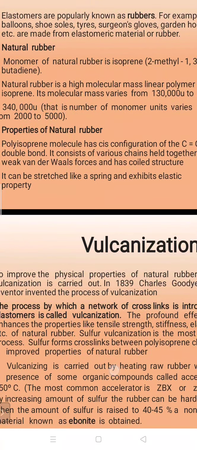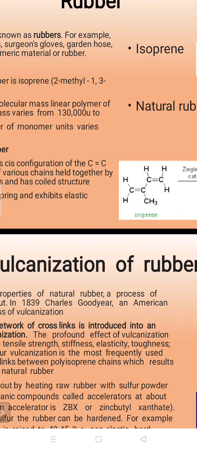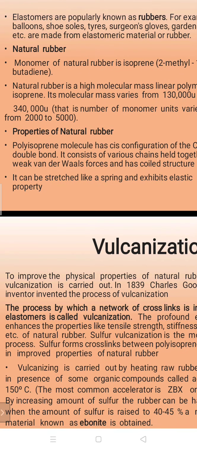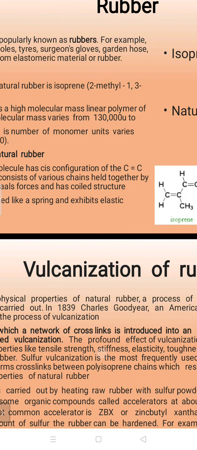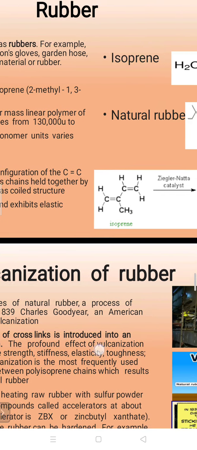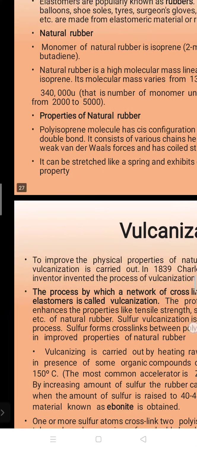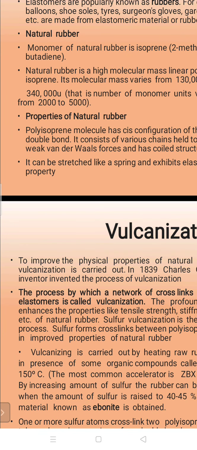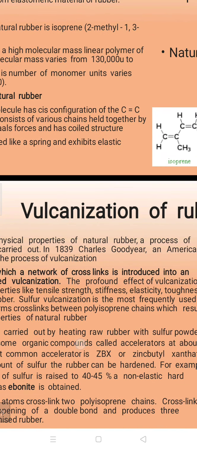Vulcanization improves the physical properties of natural rubber, and the process was carried out basically in 1839 by Charles Goodyear, an American inventor who invented the process of vulcanization.